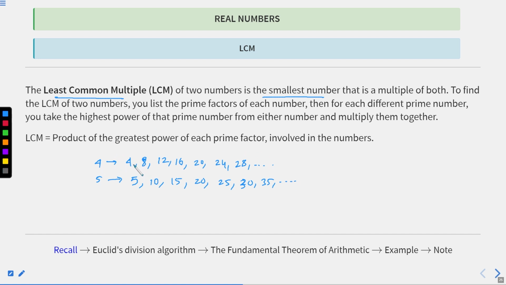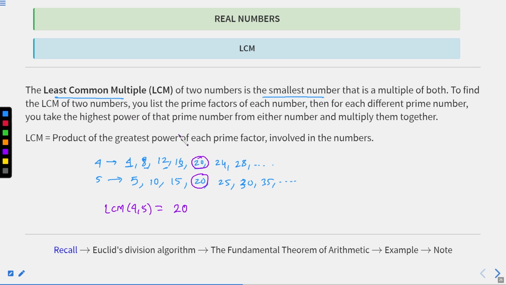Here 4, 8, 12 and 16 are not common in both, but 20 appears in both sets of multiples of 4 and 5. So 20 is the smallest number that is a multiple of 4 and 5. So LCM of 4, 5 is equal to 20.